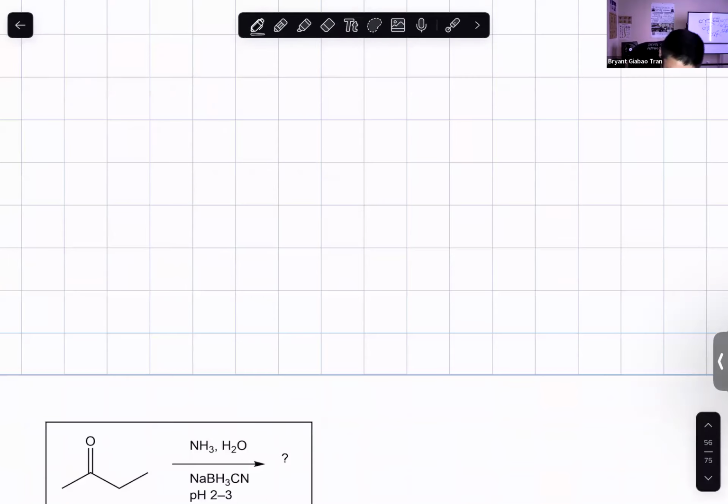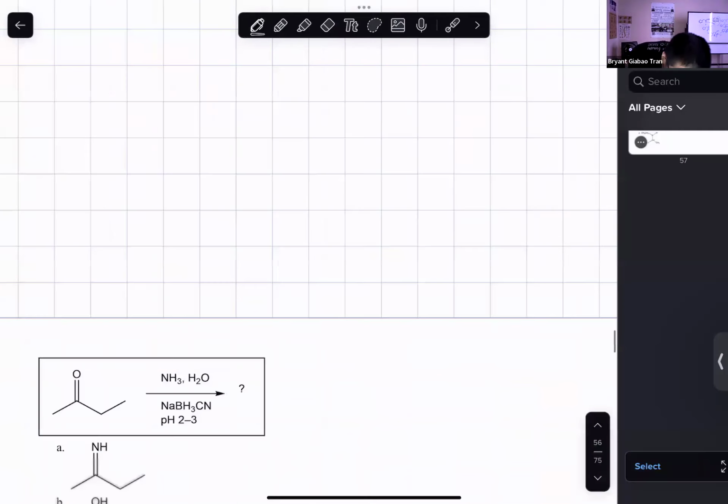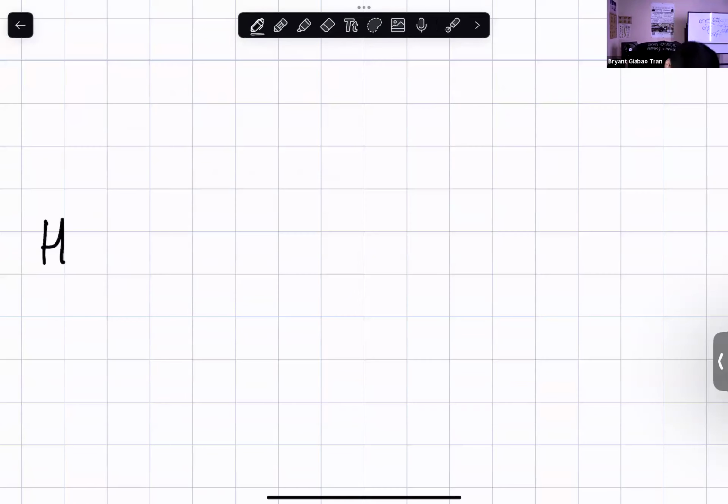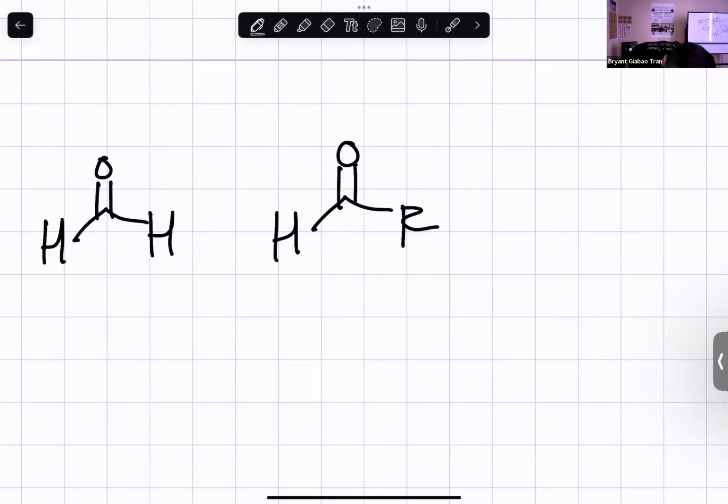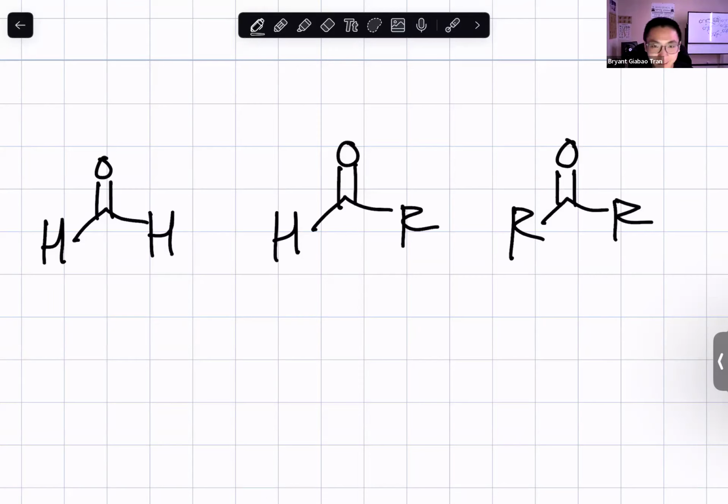So before I go over that, let's review what I mean by more reactive versus less reactive carbonyl. If I give you guys these 3 carbonyls here, aldehydes and ketones, do you guys know which one would be the most reactive? This is a review from 118B right here. Which carbonyl would be the most reactive, and why?